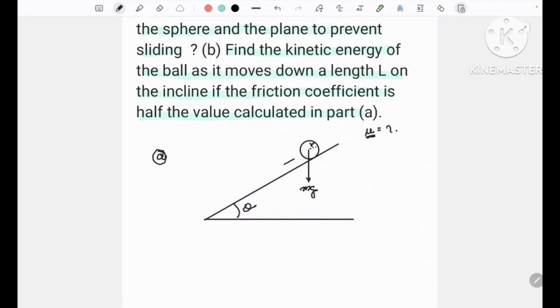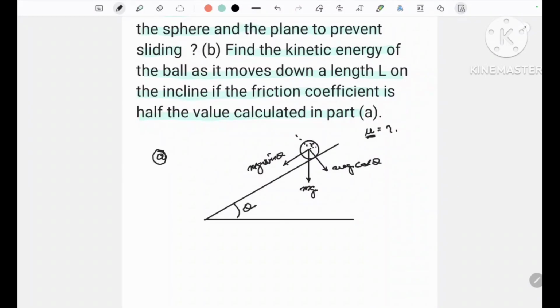mg has two components: mg sin theta along the plane, and perpendicular to this plane is mg cos theta.